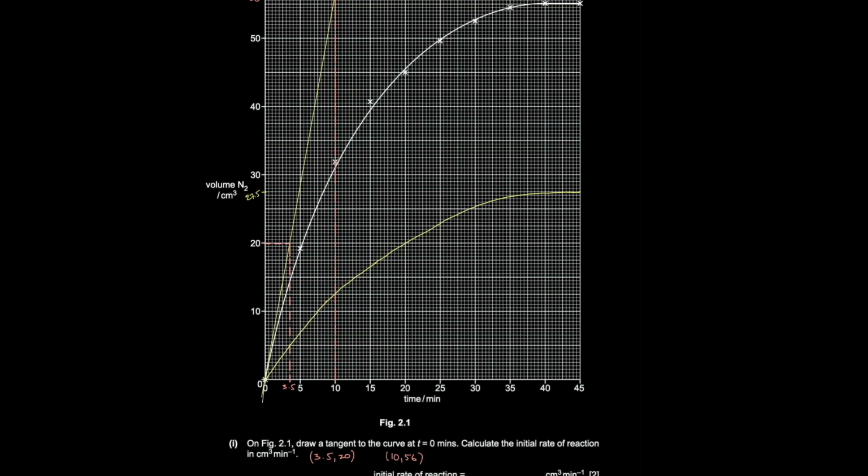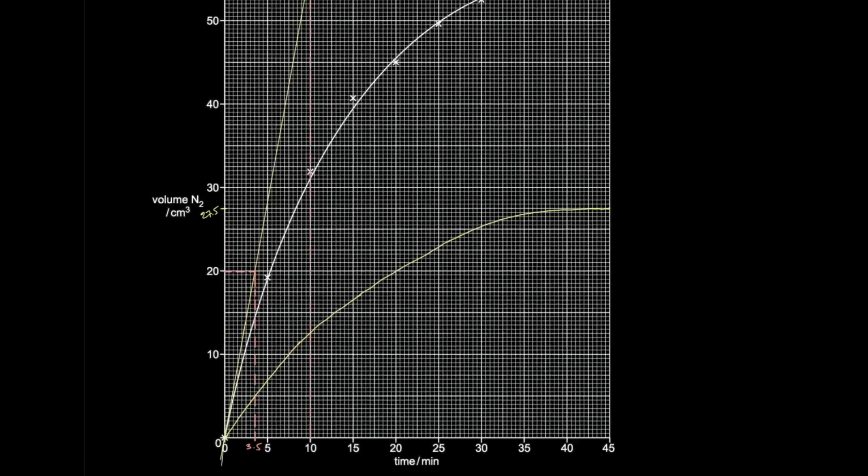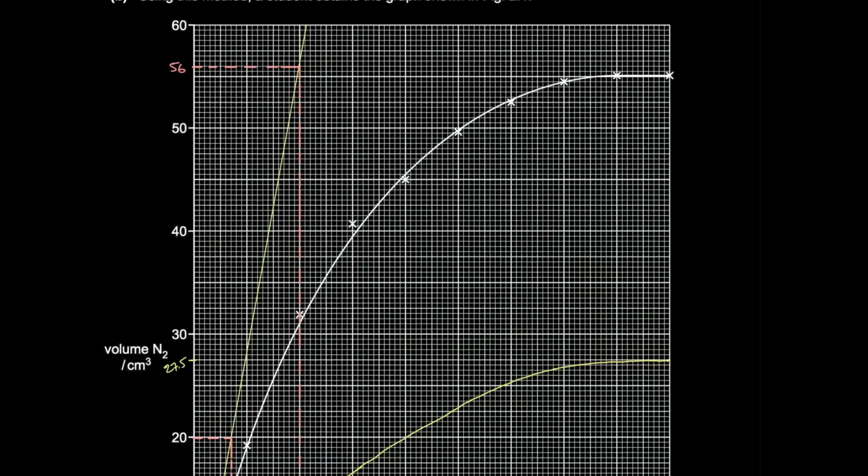It may be helpful to extend the curve a bit below the origin, or below the x-axis here, to make it easier to draw the tangent, although they are very lenient in terms of the range of values that they'll accept for the gradient. Once you draw the tangent, you can just label the points that you've used, drawing these construction lines.